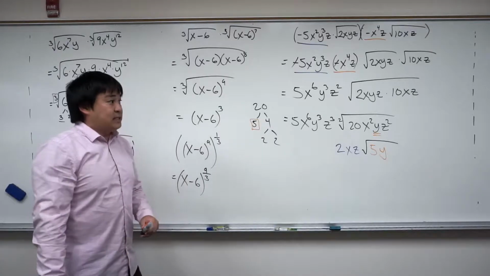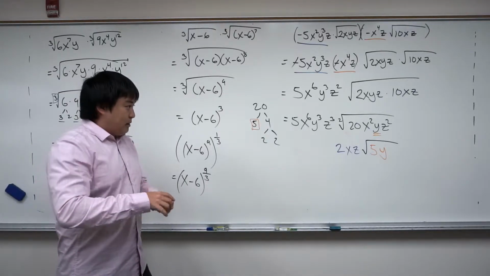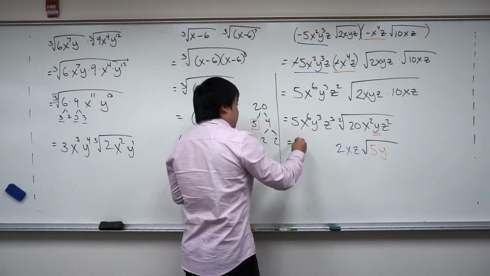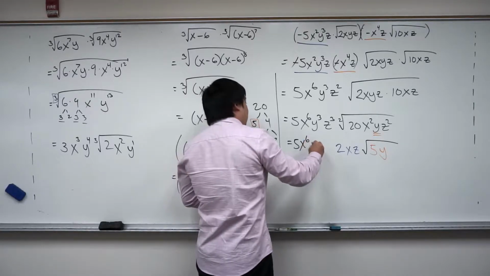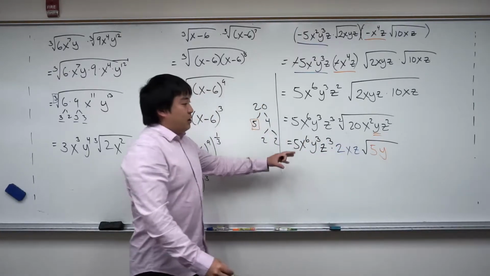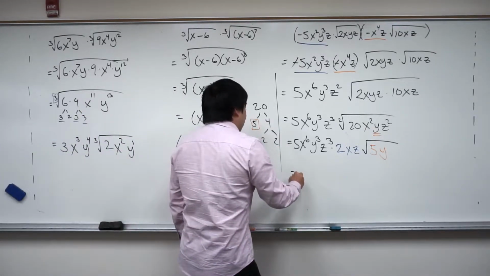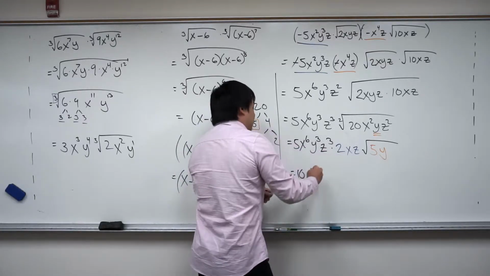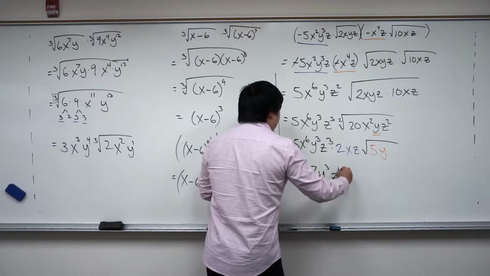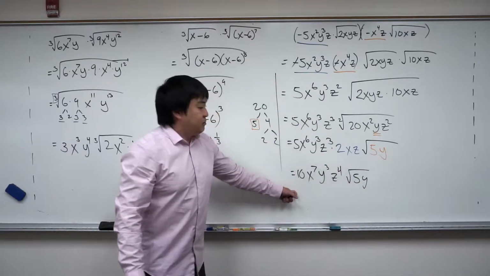Because we dealt with the x and the z, and then part of the 20. Now write the rest out. And then go ahead and finish that off by combining the things on the outside. So this is going to be 10, x to the 7th, y to the 3rd, z to the 4th, square root of 5y. Now that's your final answer.